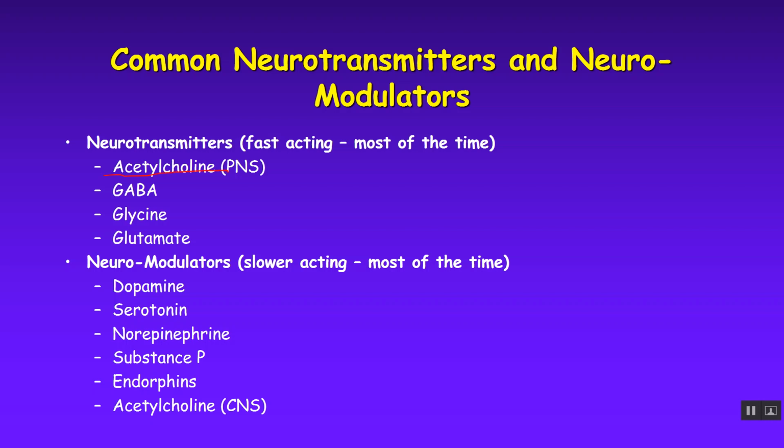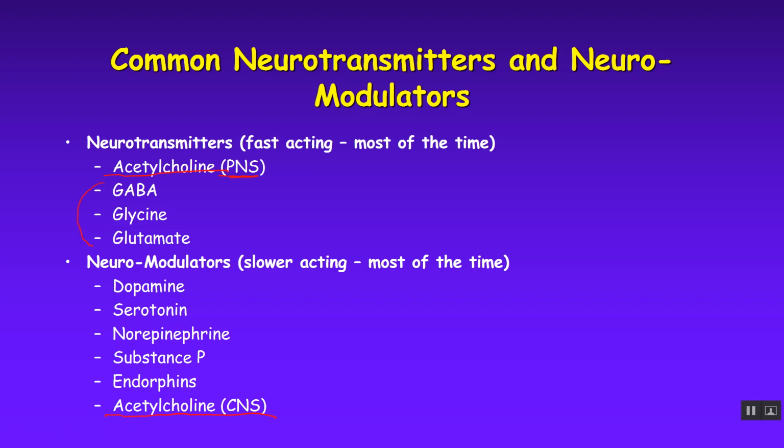Acetylcholine is a neurotransmitter, but primarily in the peripheral nervous system, okay? As it relates primarily to the neuromuscular junction, for contracting muscle cells. You'll notice down here it's a neuromodulator in the CNS. It acts more as a neuromodulator in the CNS.